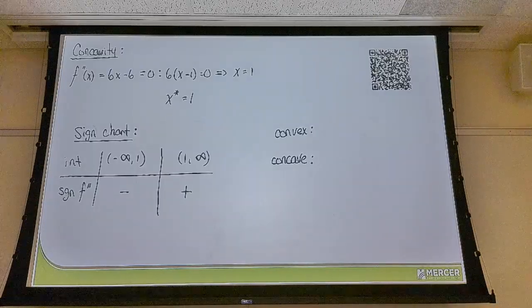Something's increasing, but what? Values? The function.